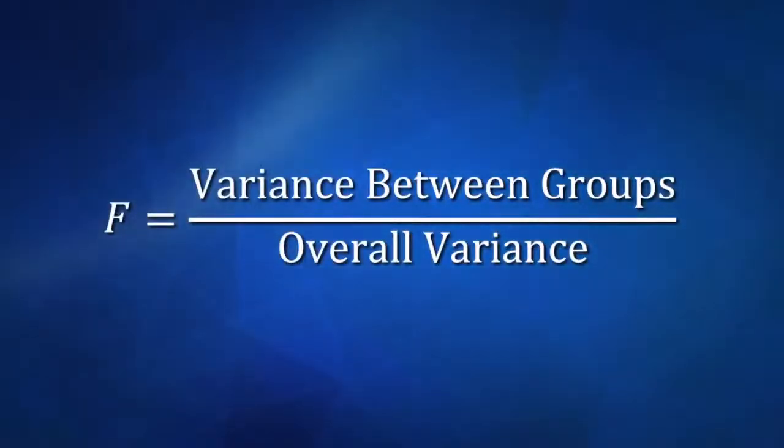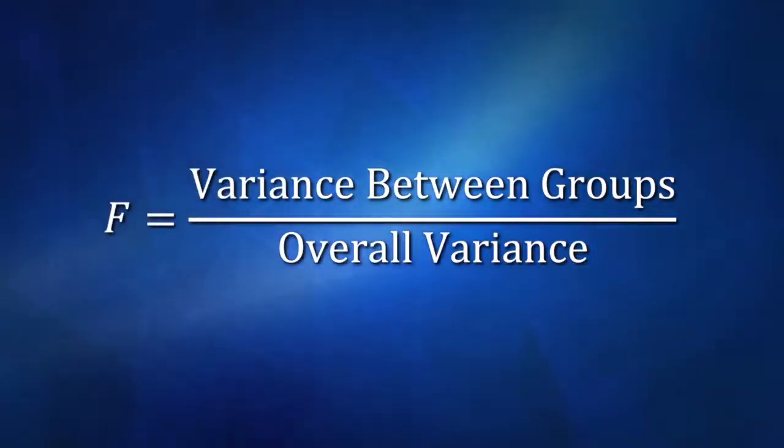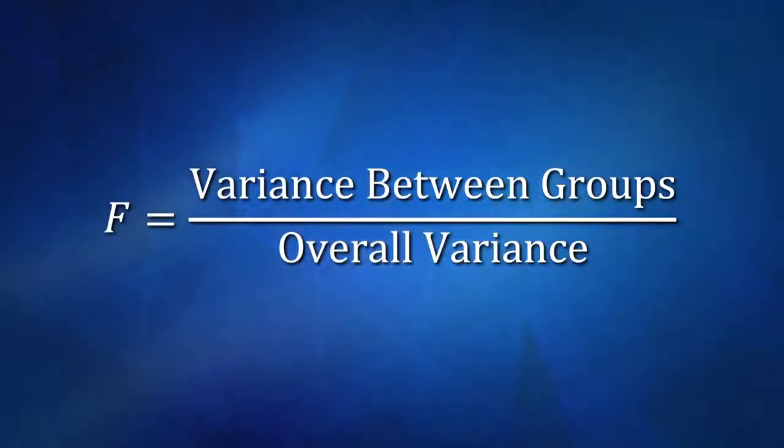We examine the variance among 3 or more group means, and then we compare that to the overall variance in our sample. We do this in a ratio that we call an F-test. Now, in fact, when we've got two groups, the F-test and the t-test give us the exact same results. So our new F statistic is going to be equal to the variance between our groups in the numerator divided by the overall variance in the denominator.